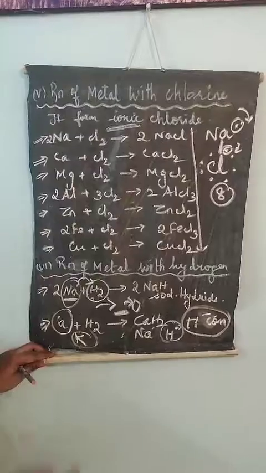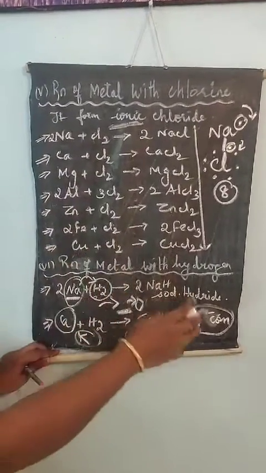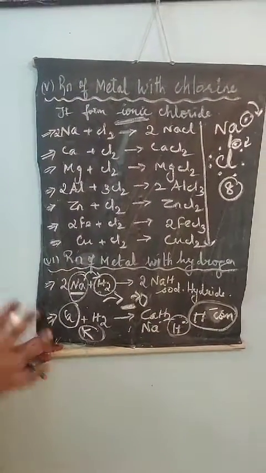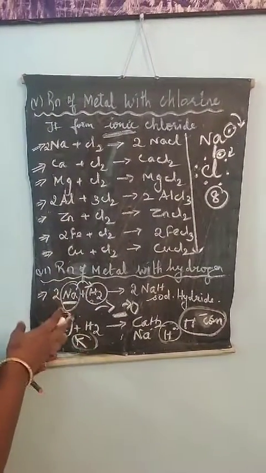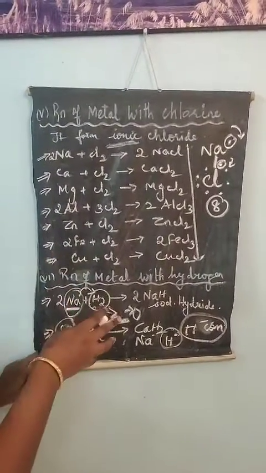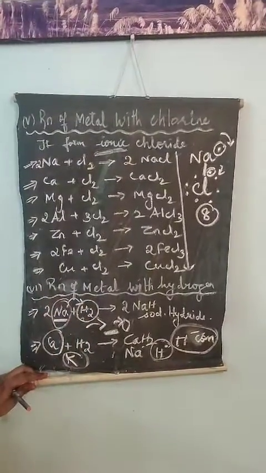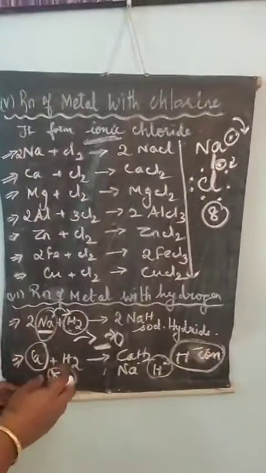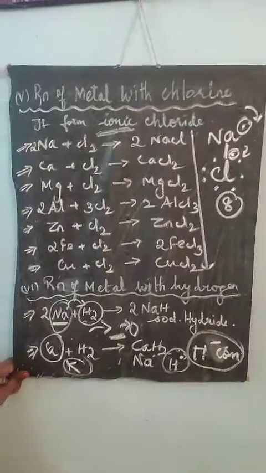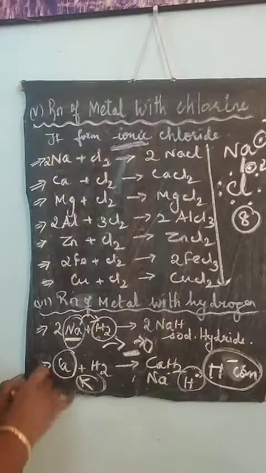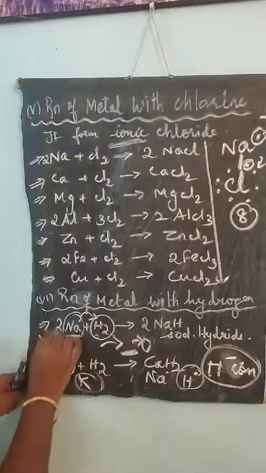All the metals will not react with hydrogen. Only few metals like sodium, calcium, potassium will force the hydrogen to get one electron from them and make itself as H minus ion. So this is the one important part we learn today.